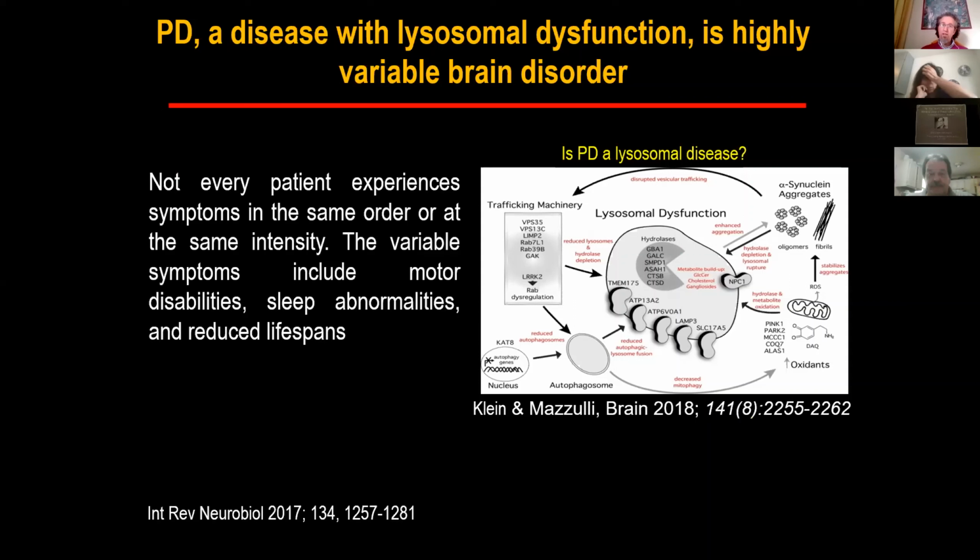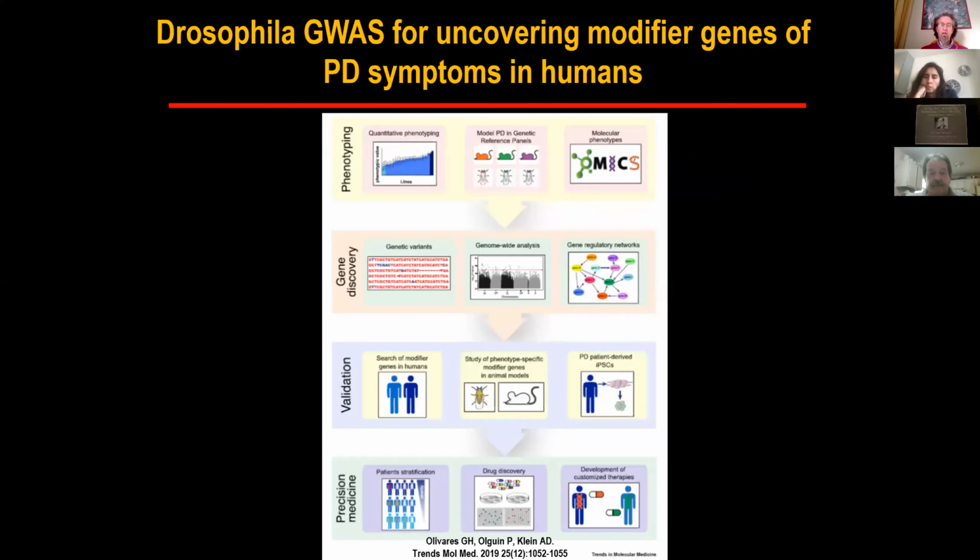Like in every disease, in Parkinson's, not every patient experiences the symptoms in the same order or at the same intensity. And the variable symptoms include motor disabilities, sleep abnormalities, and reduced lifespans. So I talked with two collaborators from the University of Chile, and we designed the following pipeline.